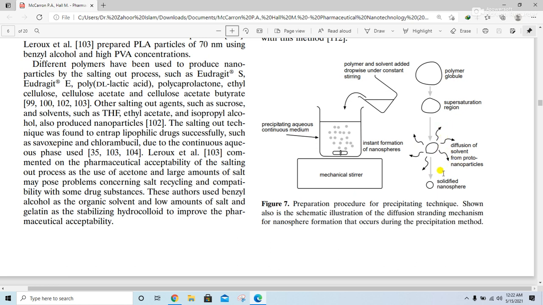The diffusion of solvent takes place from the proto nanoparticles, and as a result the solidified nanosphere is formed. This is a very simple method: with the help of a mechanical stirrer and continuous stirring, the polymer and solvent are added dropwise under constant stirring. After that there will be precipitation in the aqueous continuous medium and instant formation of nanospheres will take place.